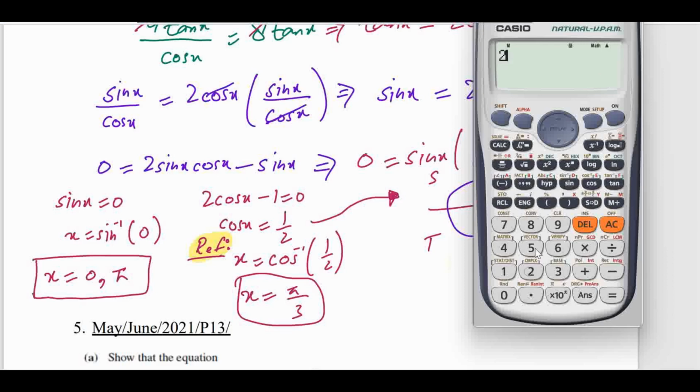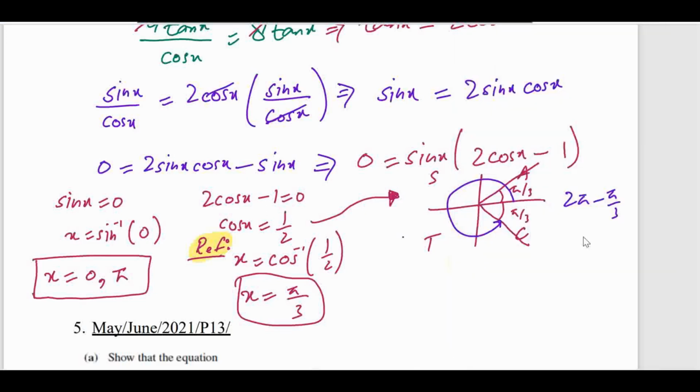So 2 pi minus the answer, so 5 by 3 pi. Now from here we have two values, x is pi by 3 and x is 5 pi by 3.